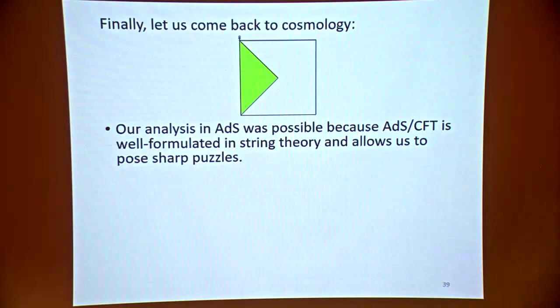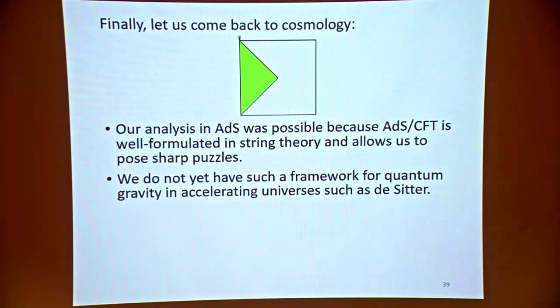We understand it from string theory. It's well formulated. We can pose very sharp questions and answer them in a very sharp way. We don't have that yet for cosmology. We don't have a framework for understanding quantum gravity completely in accelerating universes like de Sitter space.